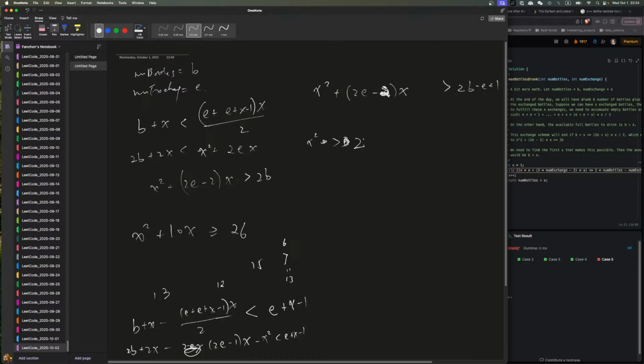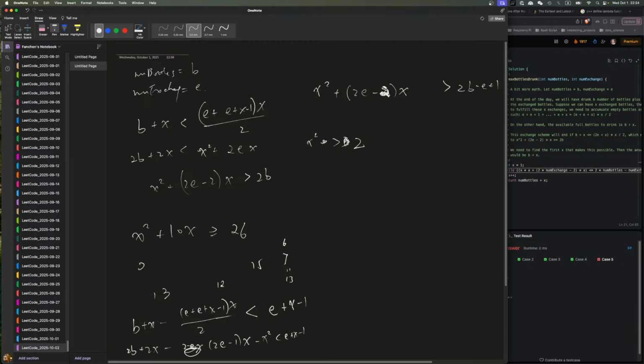So 1 doesn't work, so I need to go x equal to 2. 2 failed. Okay, I don't understand. X equal to 1.